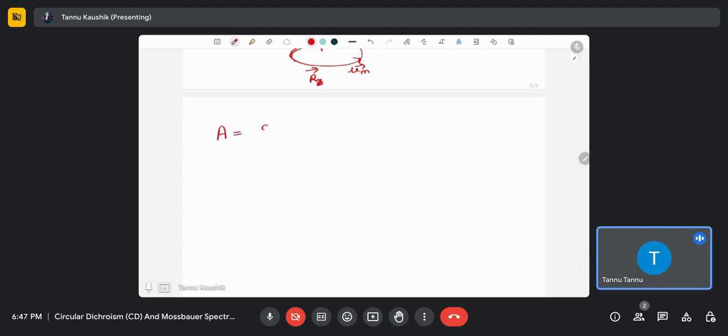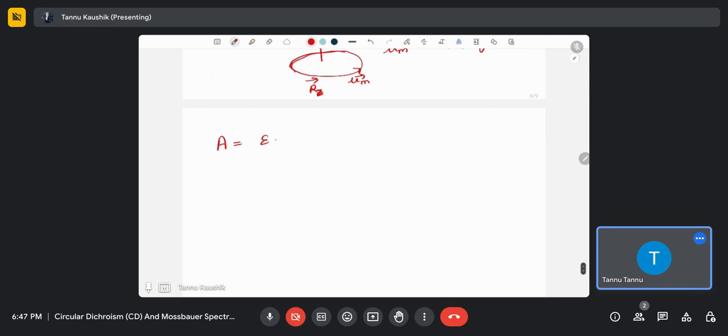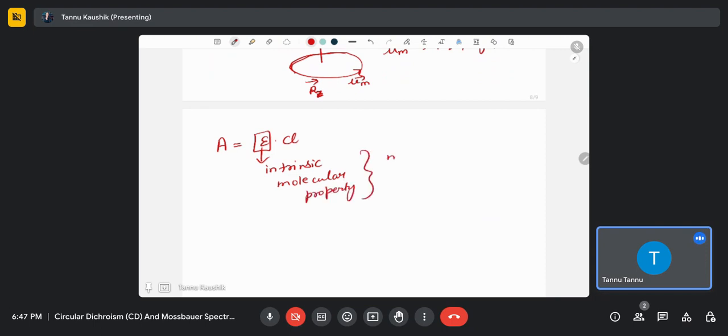For the absorbance of light, this absorbance of light is mainly dependent on an intrinsic molecular property of the molecule, which we call molecular extinction coefficient, which defines the oscillatory strength or oscillatory motion of the molecule.